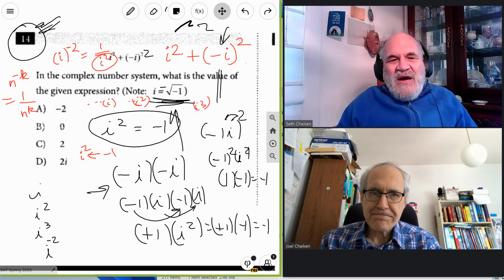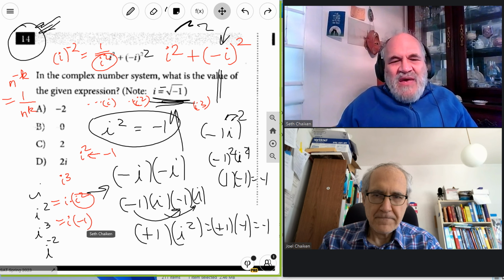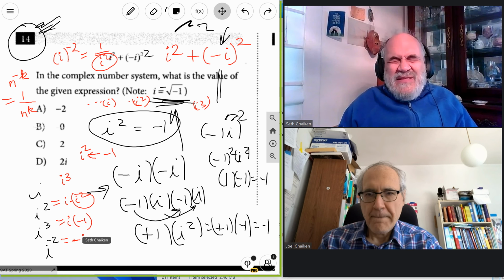So if you have an i cubed, you simplify that to i times i squared, and then use the final rule, that is, replace i squared by minus 1. And then apply ordinary rules of arithmetic: negative 1 times anything is the negative of the anything.